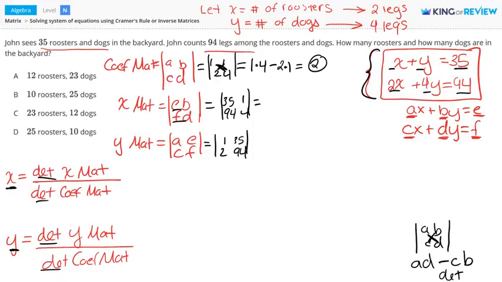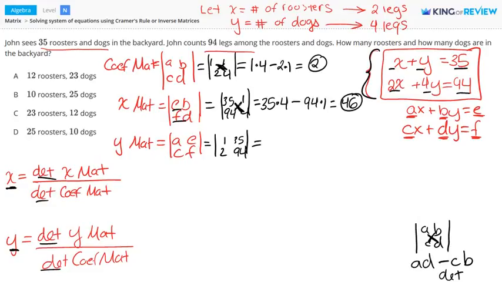What is the determinant of this one? Well, we take the product of the main diagonal, 35 times 4, minus the product of the entries in the other diagonal, 94 times 1. And when we work this out, we get 46.